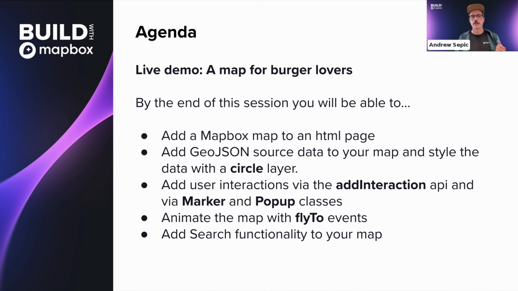We are going to use user interactions via the Add Interaction API and via the Marker and Popup classes to add custom markers and pop-ups to our app. We're also going to animate the map with flyTo events. And then we're going to finish with adding search functionality to our map, where we can search and fly to different locations on the map.